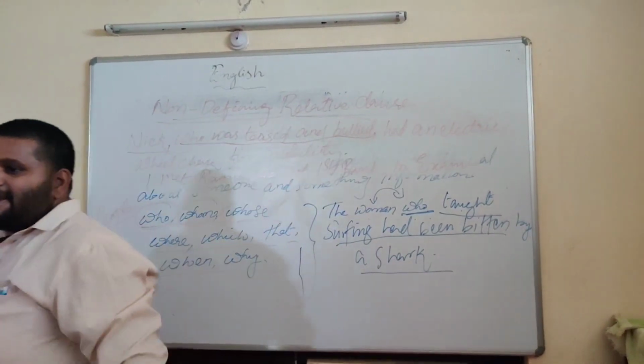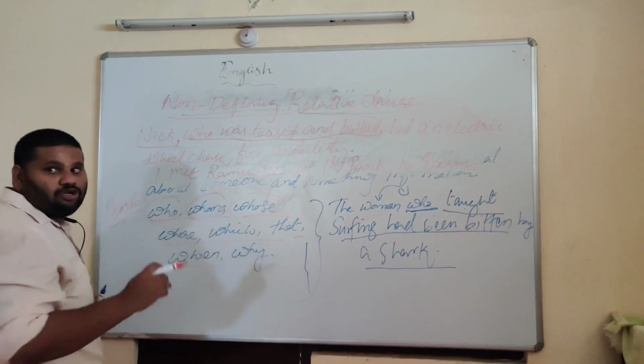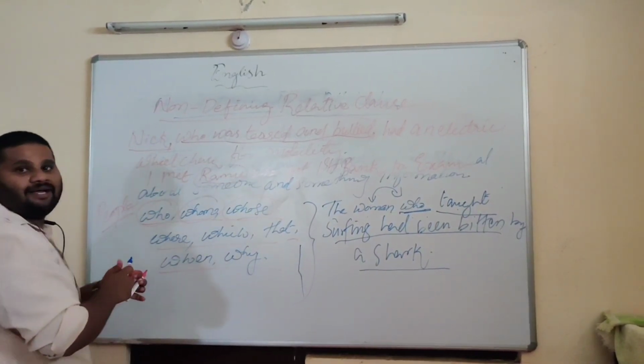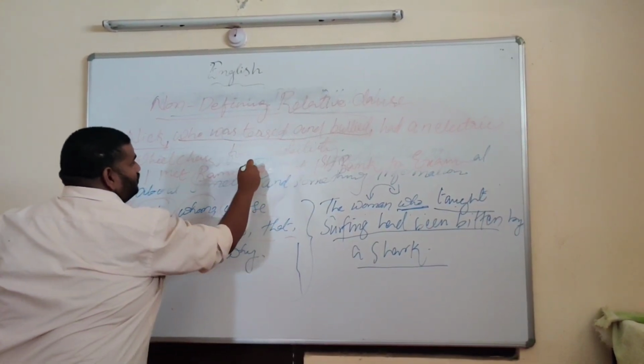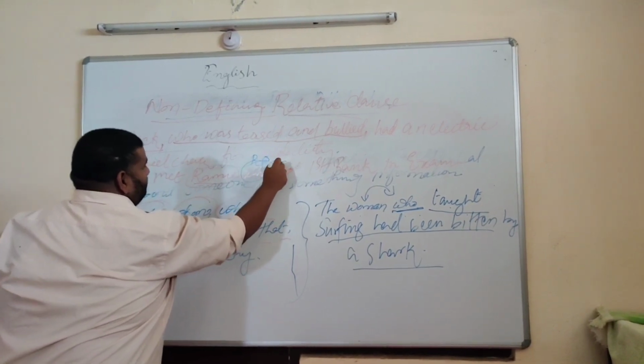So here the relative clause describes the person. That is, we know that here the person is Ramu. So the relative pronoun here we have to mention is who. This is called a relative pronoun of a person.